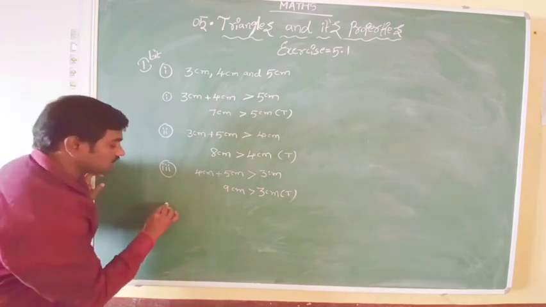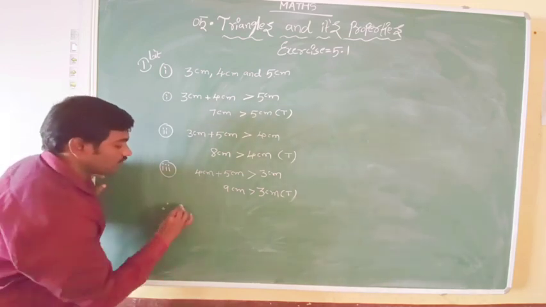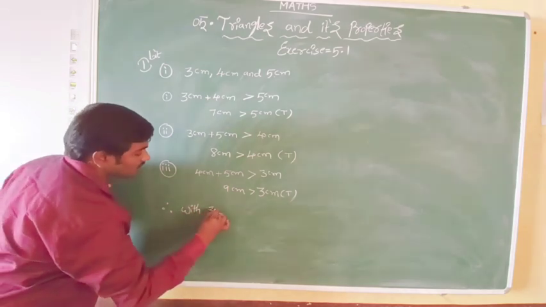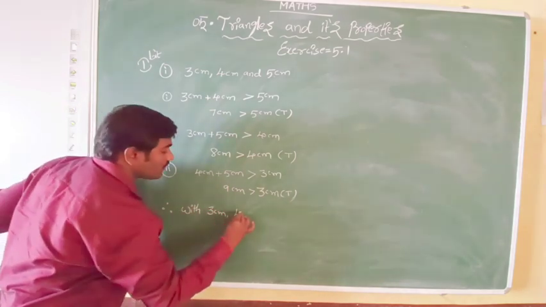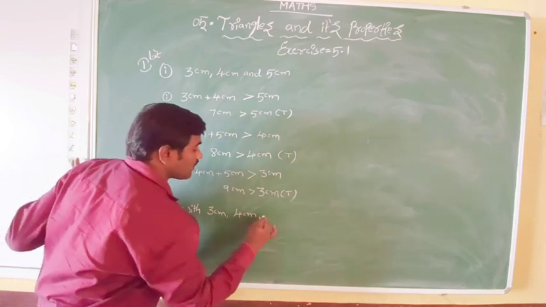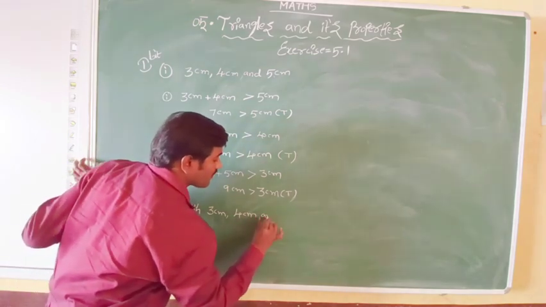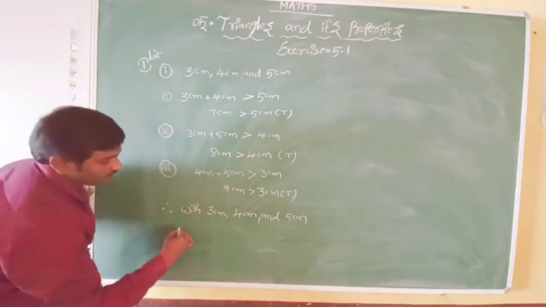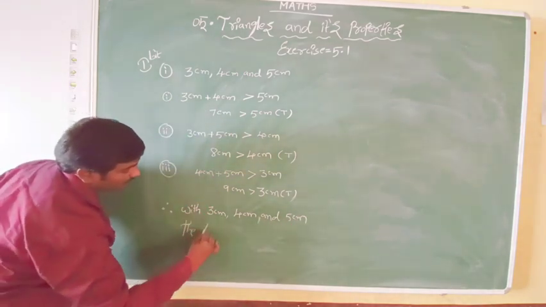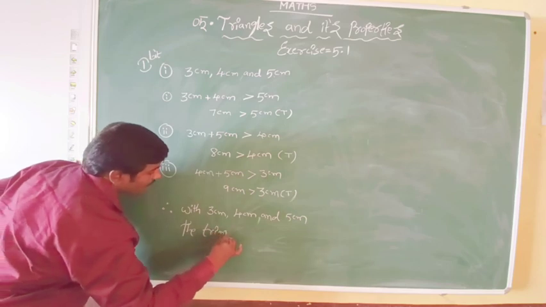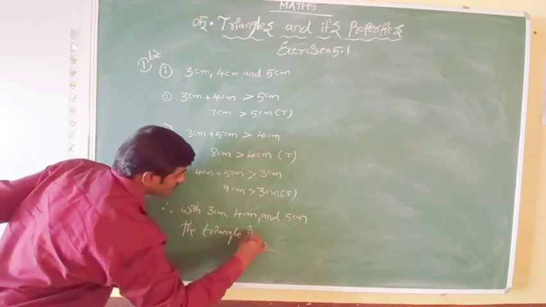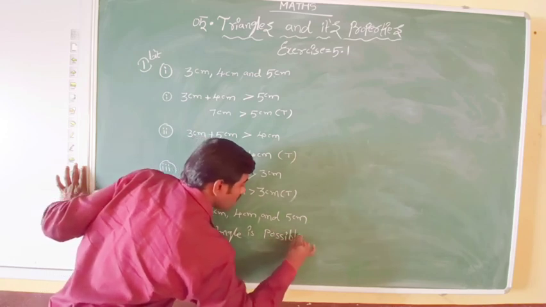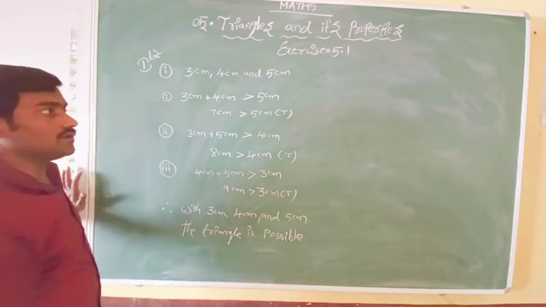Hence the triangle is possible. Therefore, with 3 centimeter, 4 centimeter and 5 centimeter, the triangle is possible.